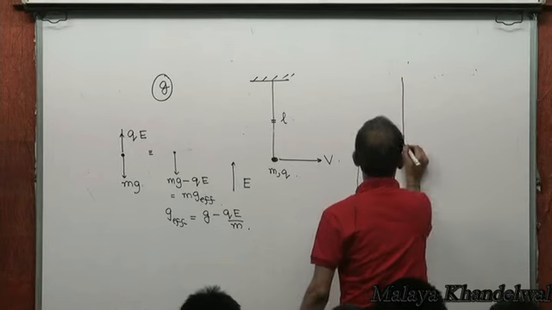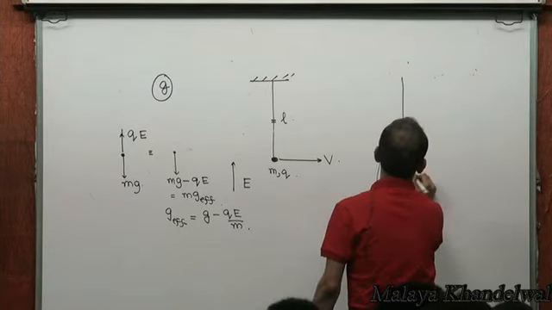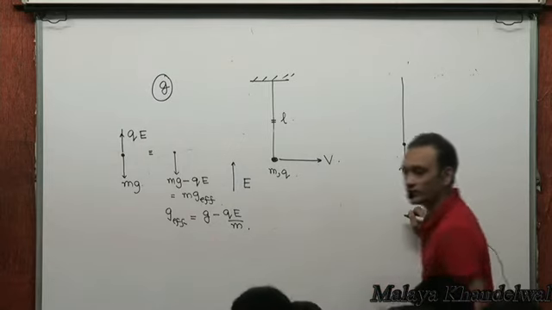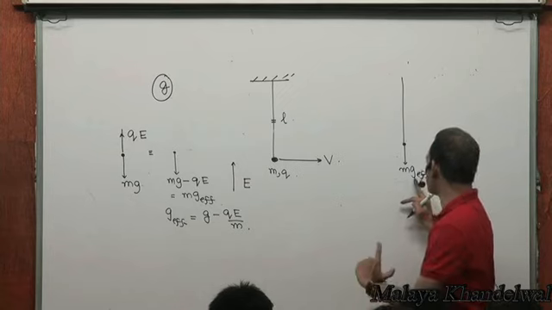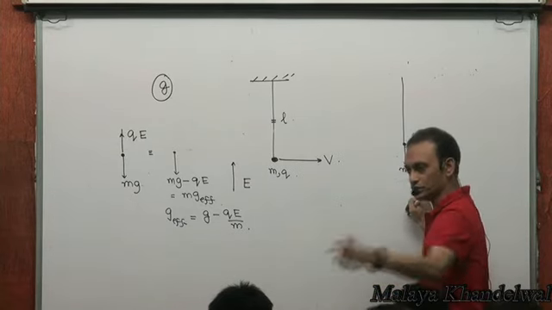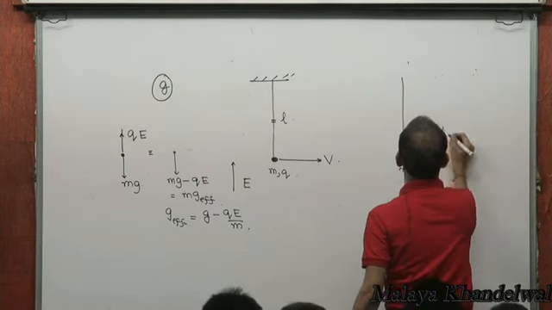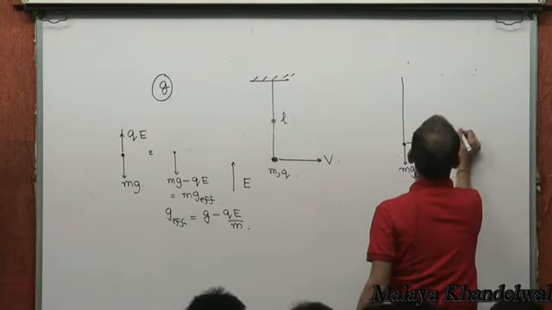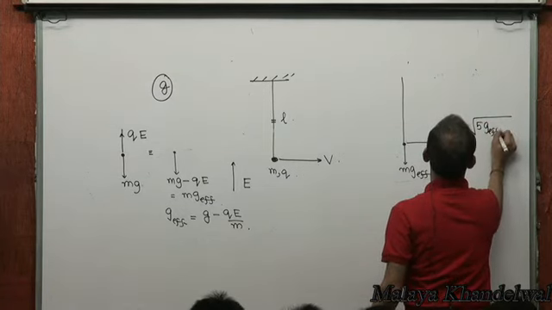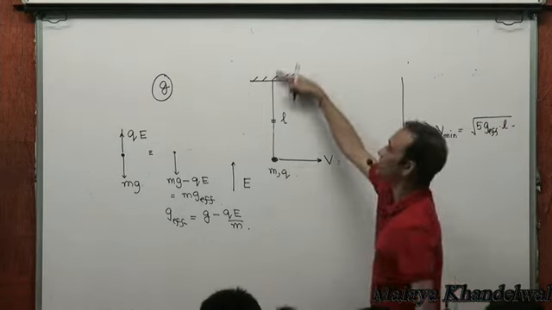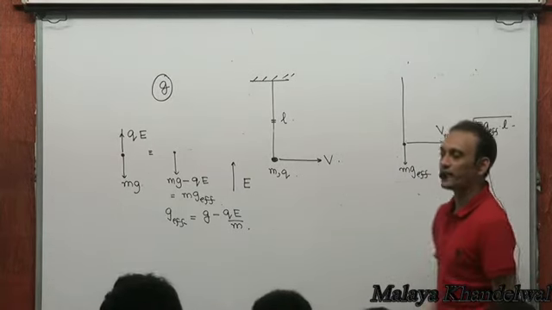This is a situation in which instead of g, you have g effective, and there is no electric field. The effect of the electric field is included in g effective. And then the minimum V that you must impart to it is root 5 g effective into the length L, which is the radius R. So where g effective is given by this.